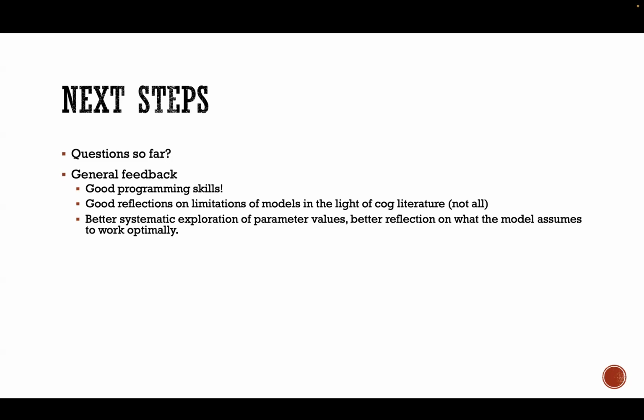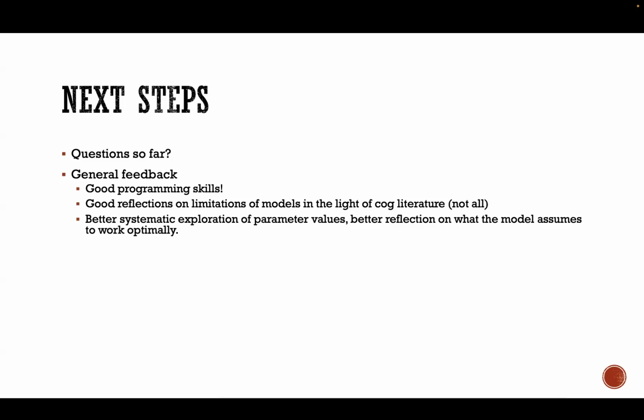It feels like we can go a bit faster than in previous years, but we'll see. There are very good programming skills, both in R and in Python. In most of the assignments that I've seen, there are very good reflections on the limitations of the models in the light of the cognitive literature. Not in all of them, but on the other hand, it wasn't a requirement. This is a programming kind of exercise, but I was pleasantly surprised by the general reflections and use of literature.